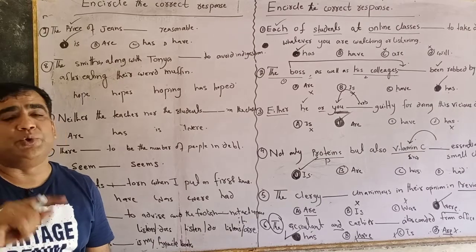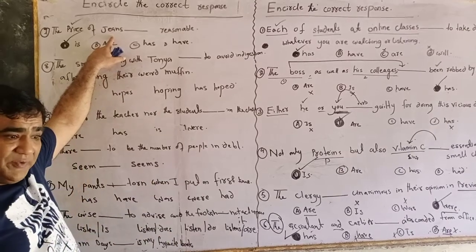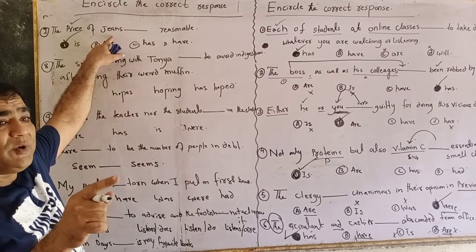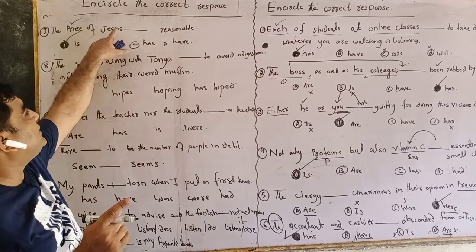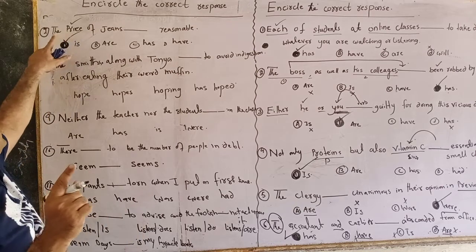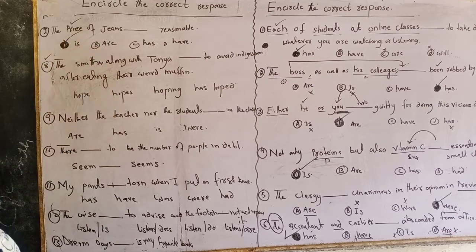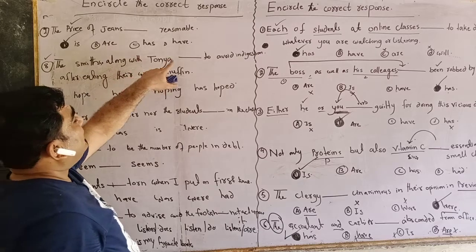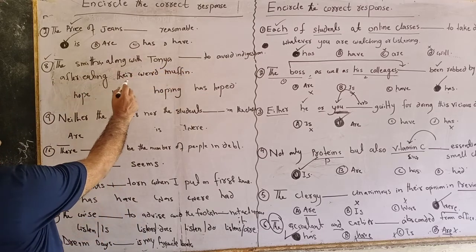Whenever we use jeans, what we wear, we use the plural verb because it has two legs. That's why jeans is plural, but here we are talking about price, not jeans. Price is reasonable, right?